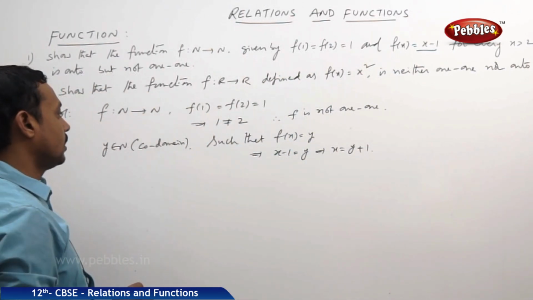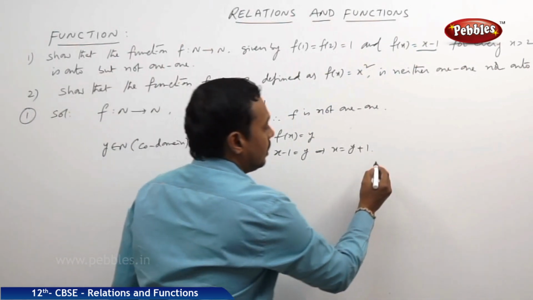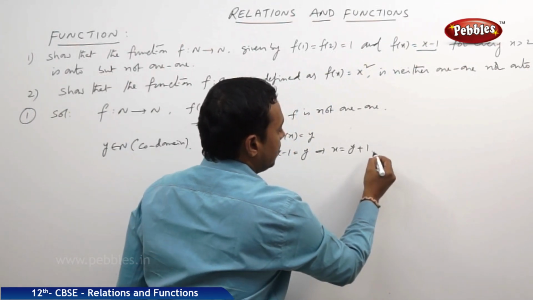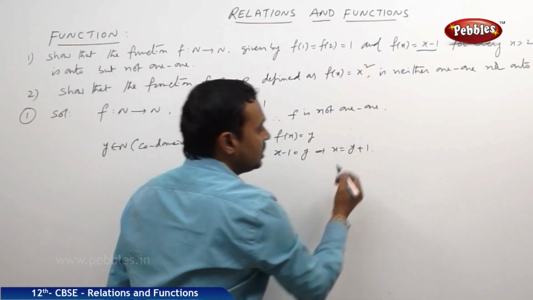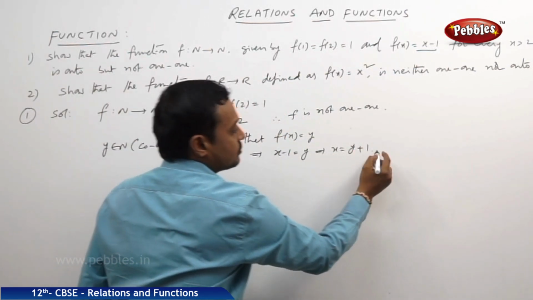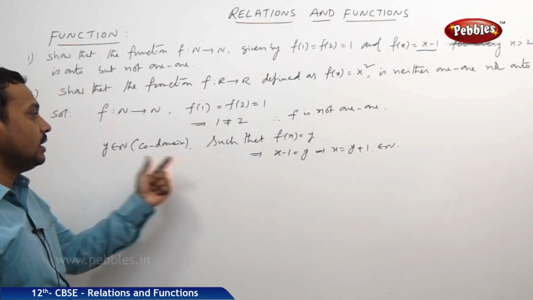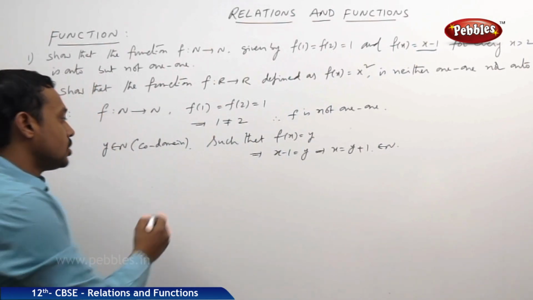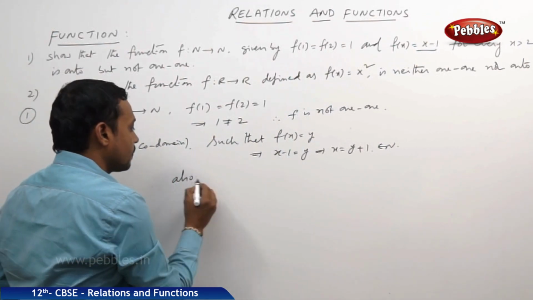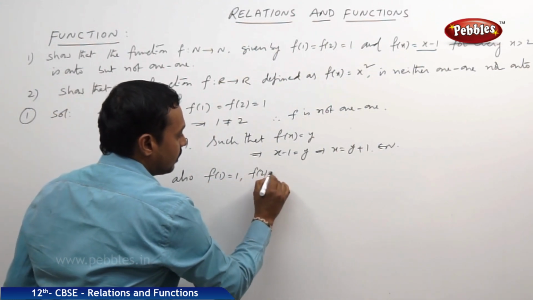Now, y plus 1 is a natural number. x is equal to y plus 1 is a natural number. For any y you choose from N, definitely it belongs to some natural number. And also f of 1 is equal to 1, f of 2 is equal to 1.